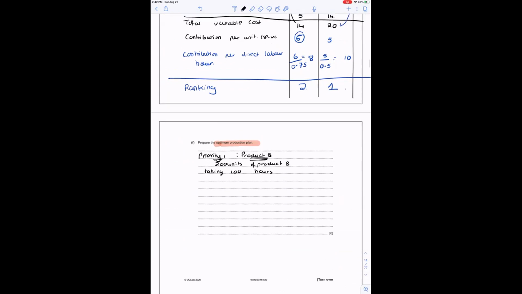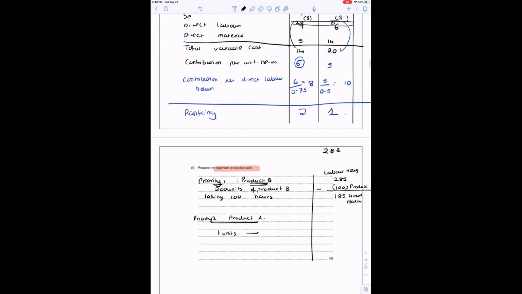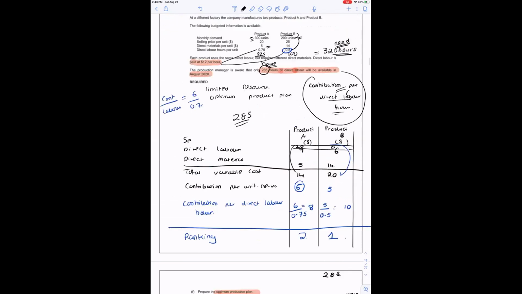What is the number of labor hours that I have? 285. So 285 minus 100 hours of product B, now I'm left with how many hours? I'm left with 185 hours balance. Priority 2, product A. Now 1 unit of product A is going to take how many hours? 0.75 hours.